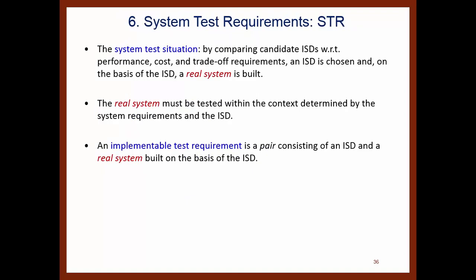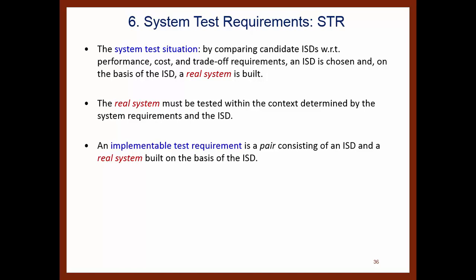Then we get to the last one, which is system test requirements, STR. The system test situation arises by comparing candidate implementable system designs with respect to performance, cost, and trade-off requirements. An implementable system design is chosen, and on the basis of the implementable system design, a real system is built.